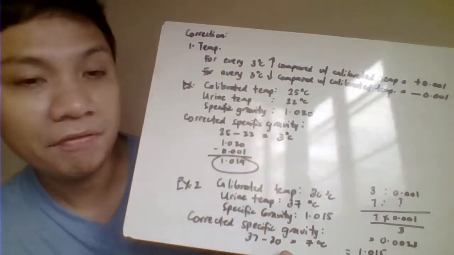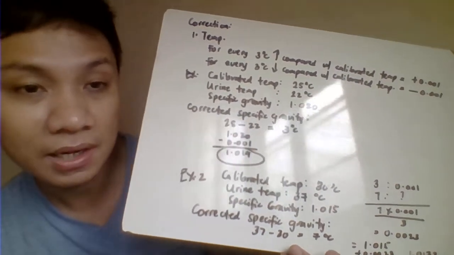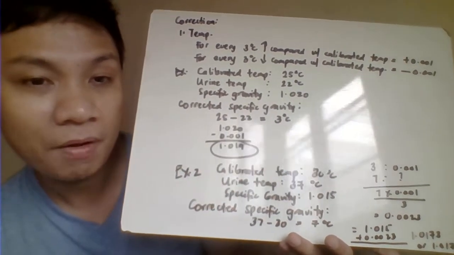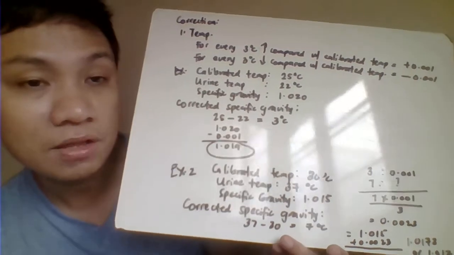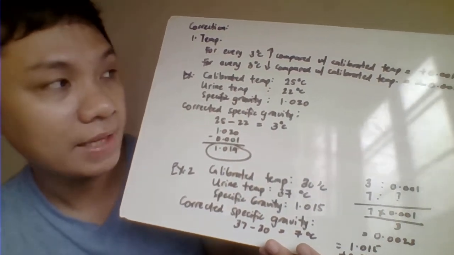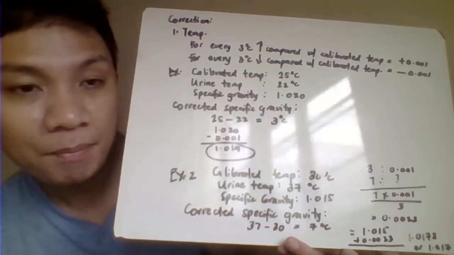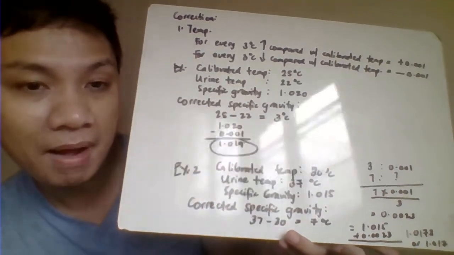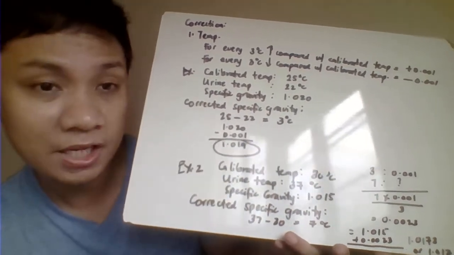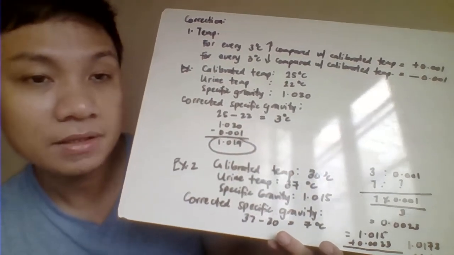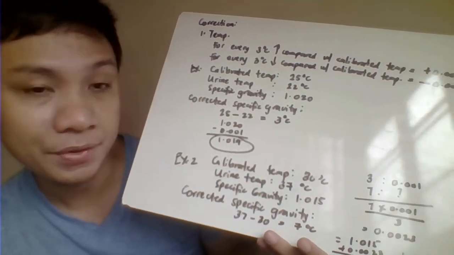So rule natin here, for every 3 degrees Celsius increase of your urine sample compared with the calibrated temperature, you need to add 0.001 to the specific gravity reading. Pero pag 3 degrees Celsius decrease or mababa ang urine sample temperature compared with your calibrated temperature, then you need to minus 0.001.